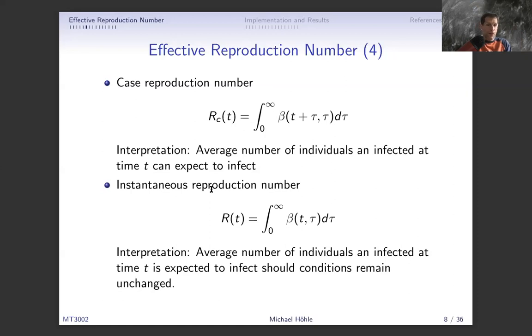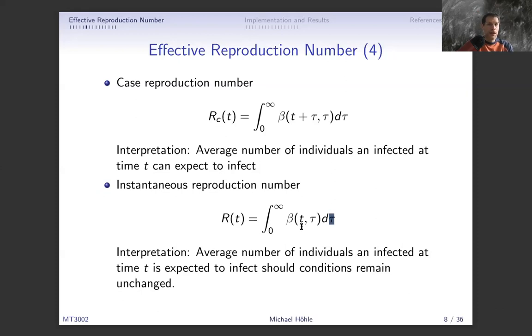Then he also defined, and this is what was new in that paper, a quantity called the instantaneous reproduction number, which doesn't do this additional updating of the time, but simply updates the time since infection integral. So this is a slice which only goes like this in this 2D diagram, which is sometimes also called the Lexis diagram.